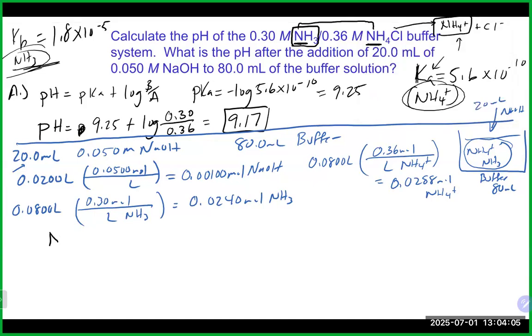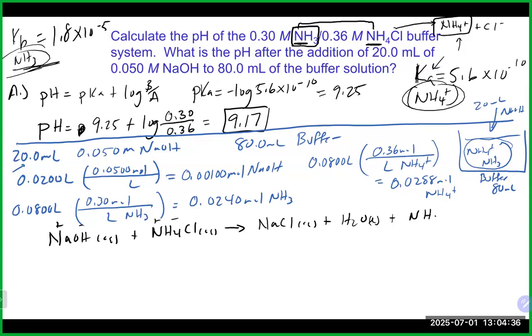So when I add that sodium hydroxide to my buffer, it is going to react with the acid part of my buffer, which in this case is the NH4Cl, right? It is going to do a double displacement reaction, and you're actually going to get three things as a result: some sodium chloride, some water, and some NH3.